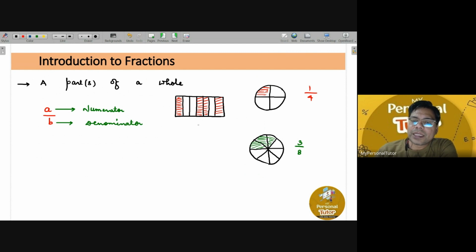So if I have to write it as a fraction, it is 4 out of 7. This is about the fraction. Any confusion till here? If you have any confusion, please watch once again. Shall we move on?